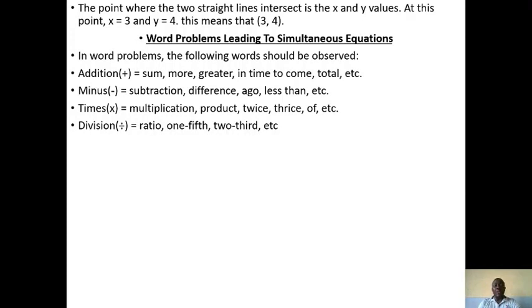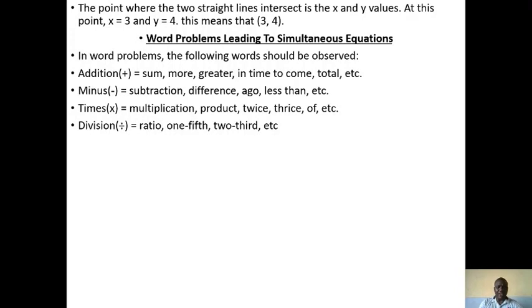In word problems, there are things you will hear, it will give you information of what you ought to do. Like if you hear something like sum, more, greater, in time to come, total, all these things are referring to addition. While anytime you hear something like subtraction, difference, ago, less than, you should know that it is talking about minus, which is subtraction, please.